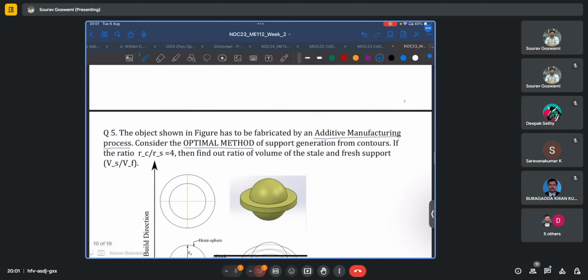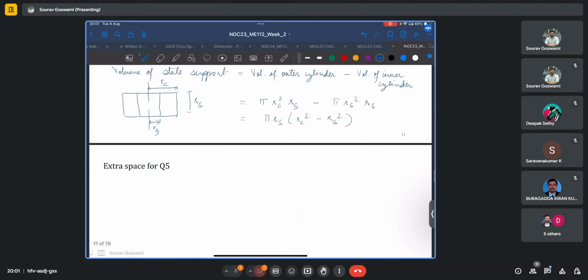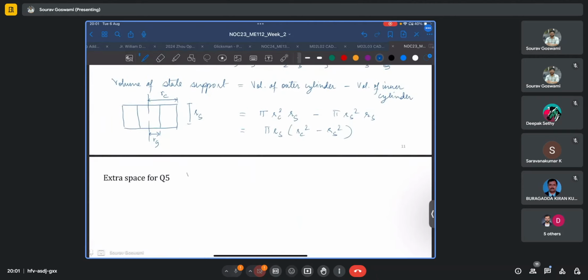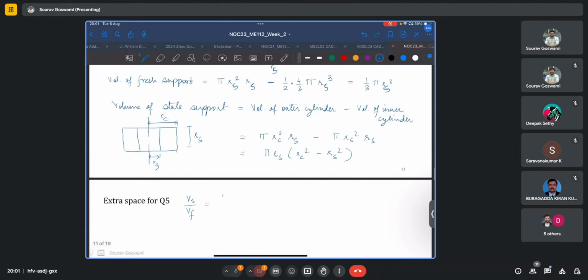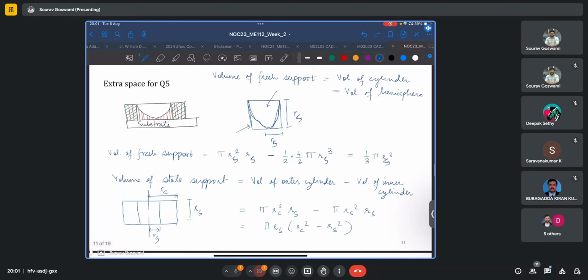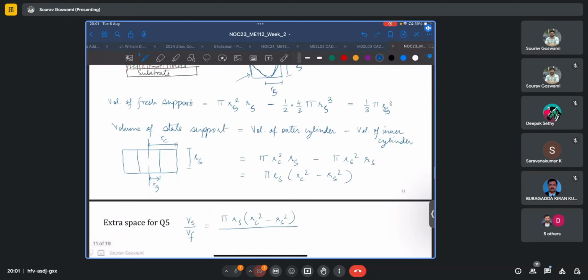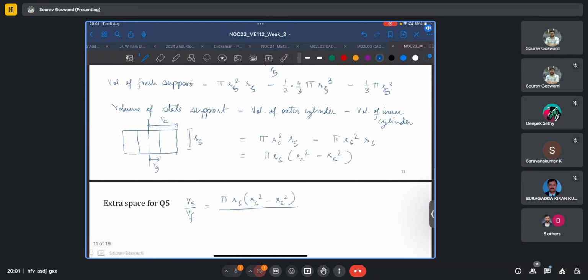Now, we have to find the ratio of the volume of the stale and fresh support, Vs by Vf. Vs by Vf: stale support is pi RS times RC square minus RS square, by Vf, which is one third pi RS cube.